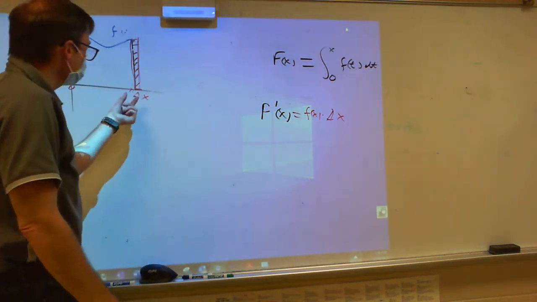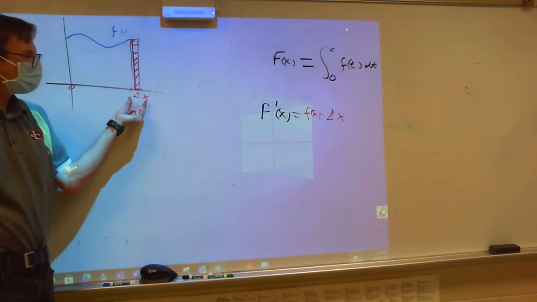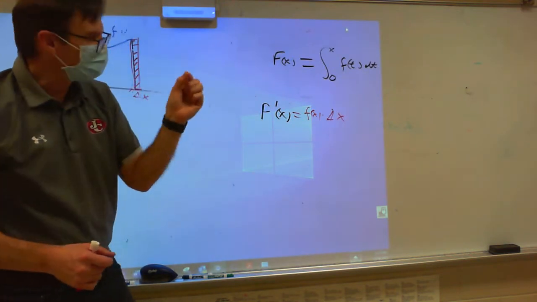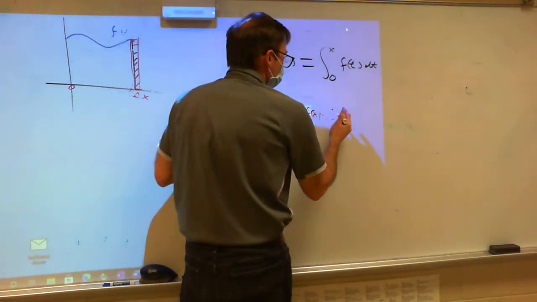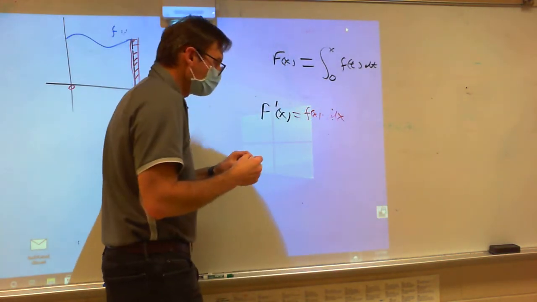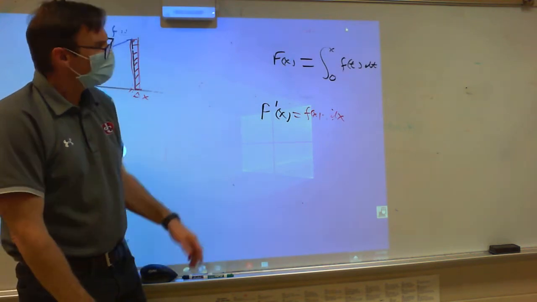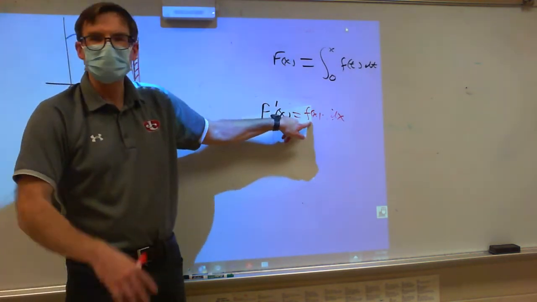Now, I'm going to do a little hand waving and notation. That delta x, I want that to get really, really small. And the way in calculus we change delta x to a really, really small change in x is we change it from delta x to a little dx. And so you look at it and you think, okay, so the derivative of the area function is just the little function.